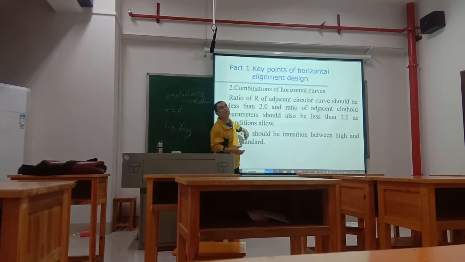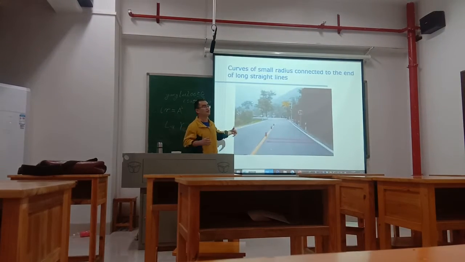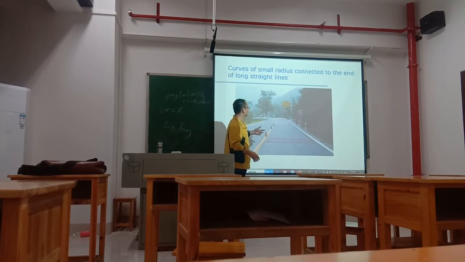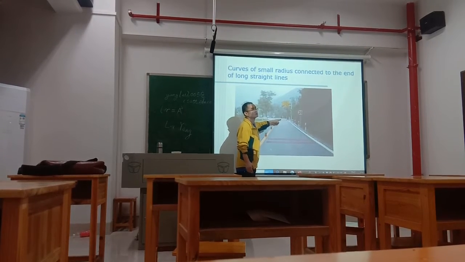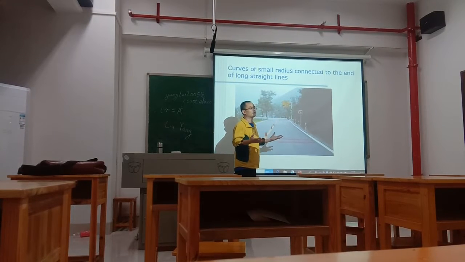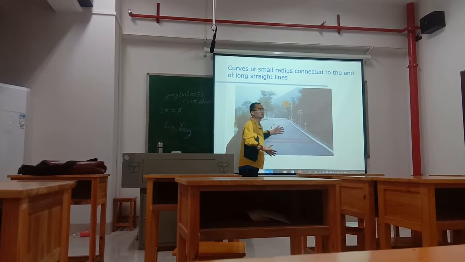This direction is up slope, and this is down slope. But the radius of this circular curve is very small, so the vehicle has to turn the direction steeply at high speed. It's very dangerous.